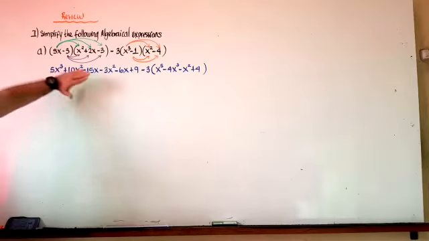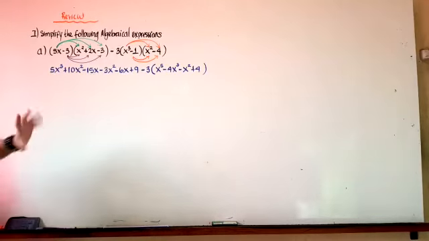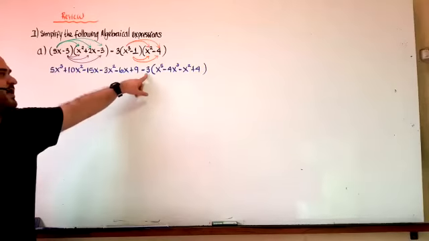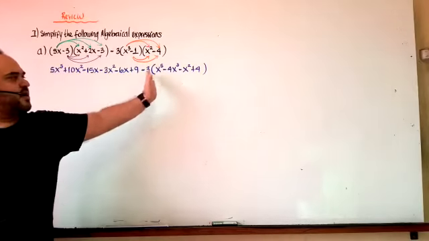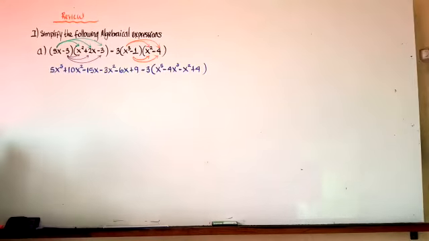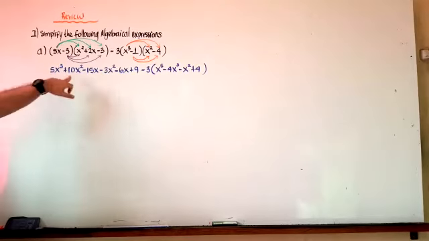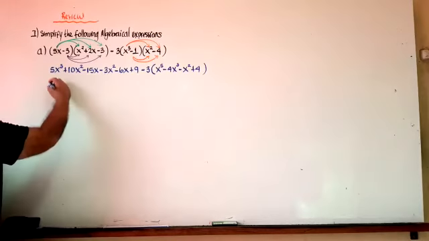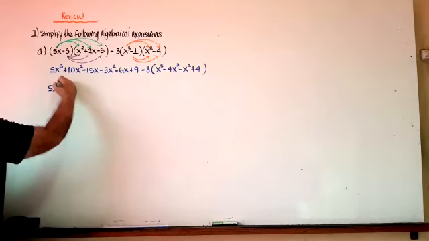Meanwhile, before we multiply the -3 with this entire operation, let's simplify like terms. There is no other x cubed over here, so I'm going to copy 5x cubed, right?